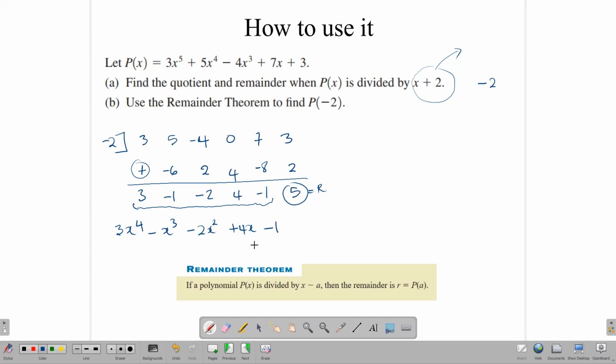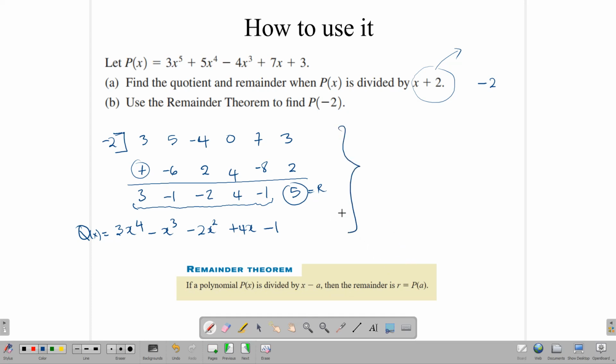Now, the other part of the question. Let's call this quotient q of x. So part B says use the remainder theorem to find p of negative 2. Then notice here that we use negative 2 to do the synthetic division. And by the remainder theorem, if a polynomial p of x is divided by x minus a, then the remainder r is equal to p of a.